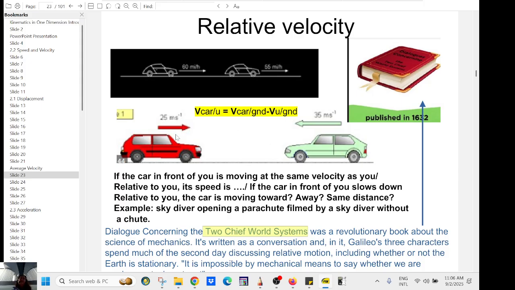So the speed relative to you will be 35 or -35, if this one is not moving. On the frame of reference of someone on the sidewalk, it will be -35. But now, if you are moving and the car is moving as well, you're going to crash in a smaller time, right? So what's going to be the relative speed?